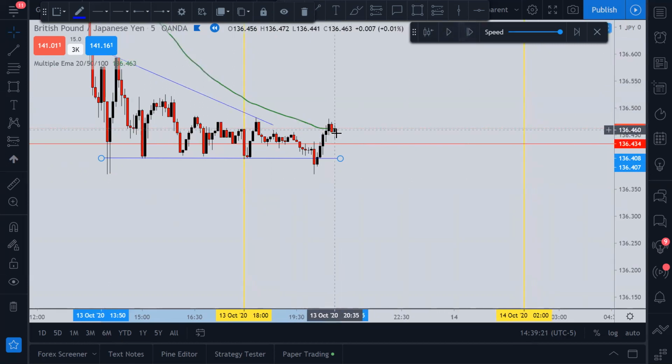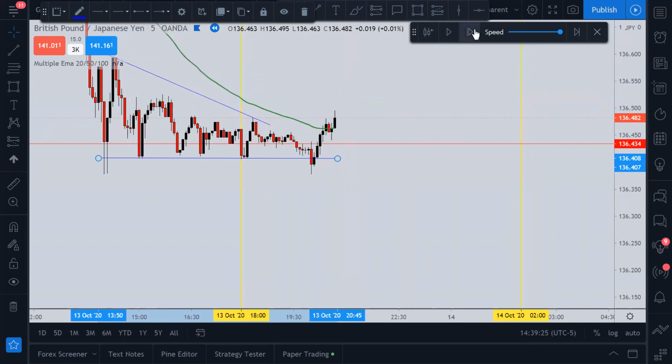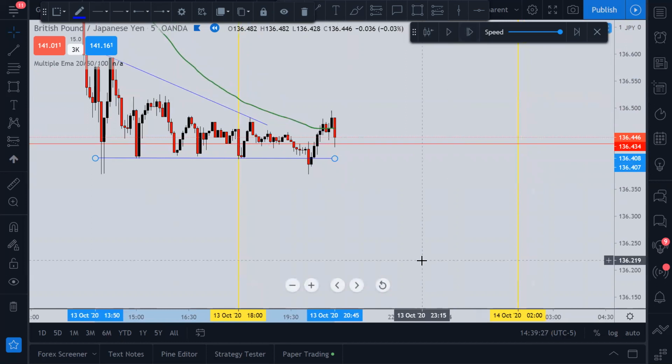And look at the wick to the bottom here. So we're probably going up higher. Yeah. All right. And we were still respecting this line here, this support here.